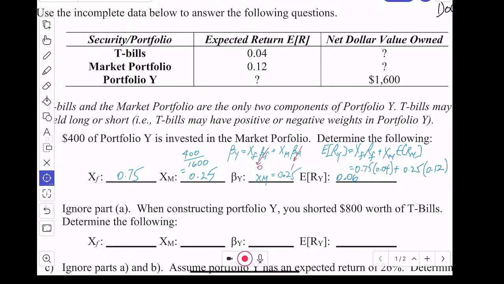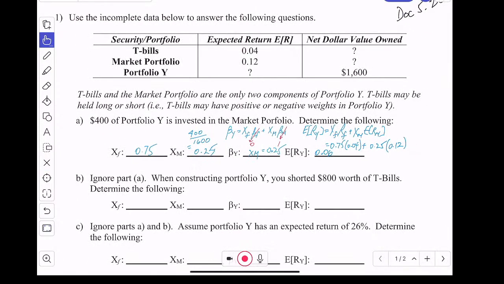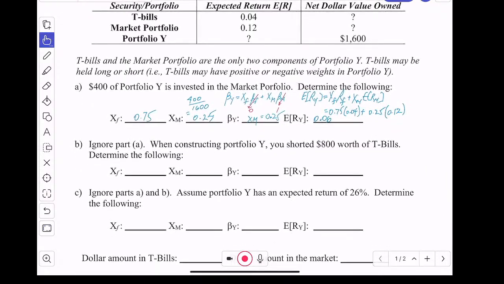In general, this formula will apply when you're mixing the risky assets represented in the market portfolio with the risk-free one. All right, that's the first one. What about part B?